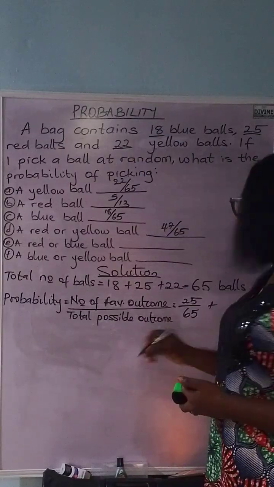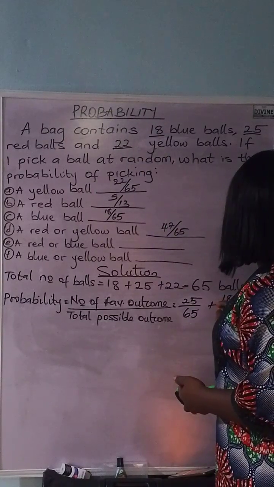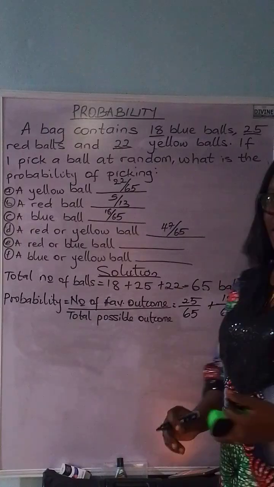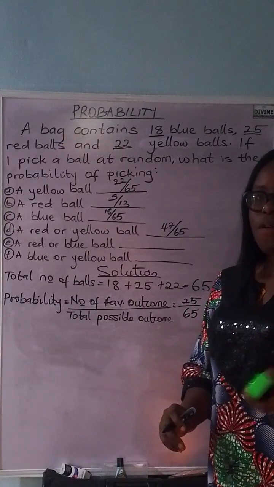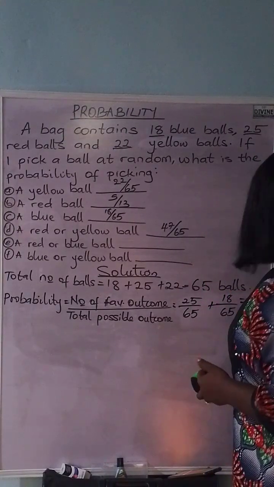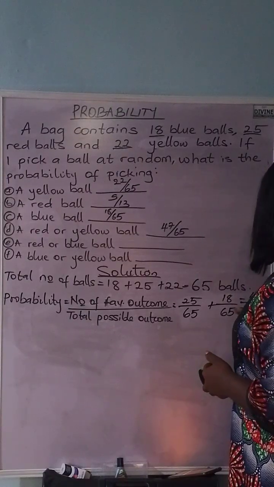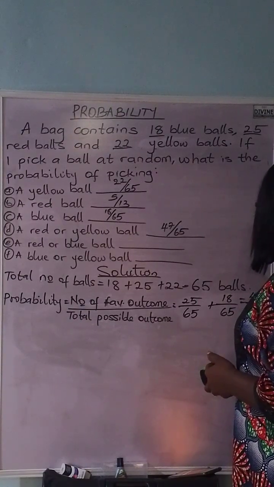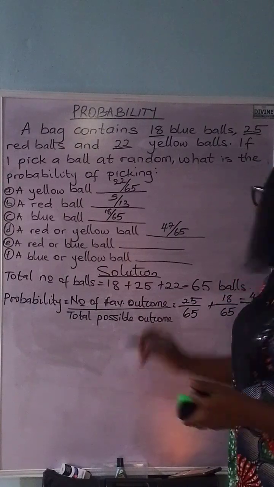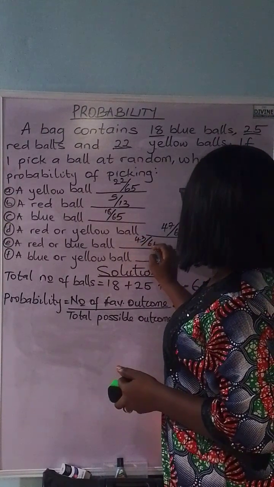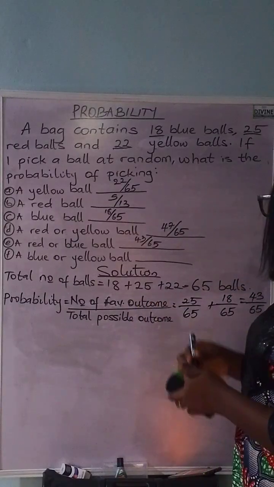We have 18 blue balls, plus 18 over 65. 25 plus 18 gives us what? 43. 43 over 65. Did you get that? Kudos to you if you did. 43 over 65.